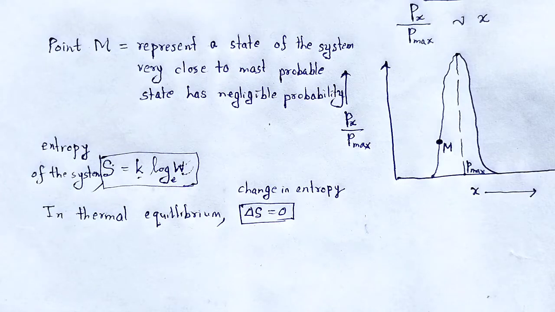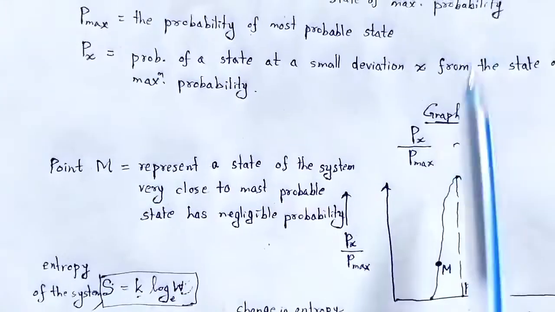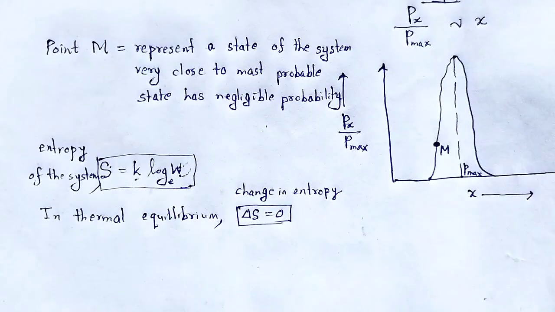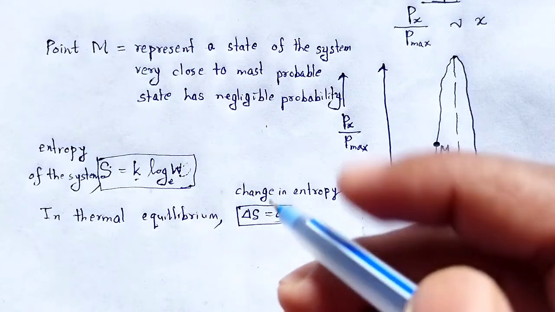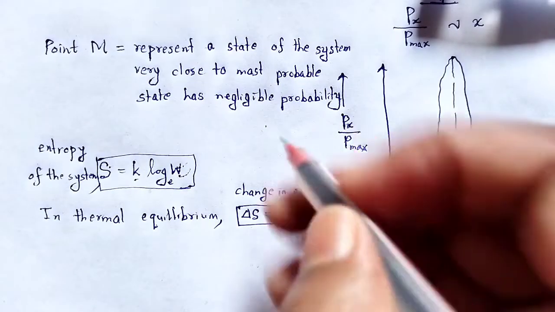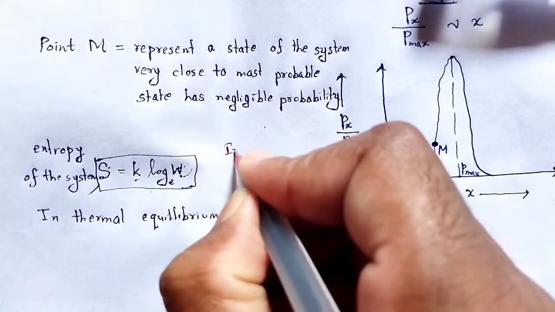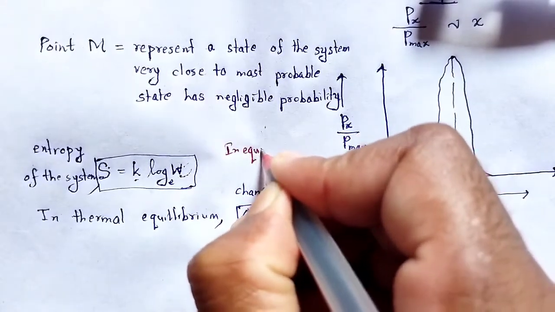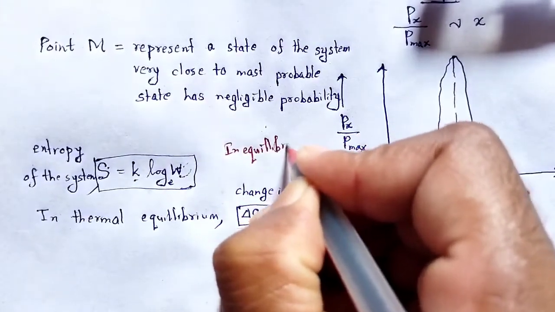Again, as the system moves from inequilibrium to equilibrium state, this happens for the inequilibrium state.